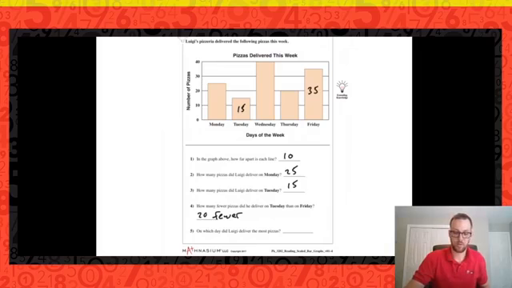And on which day were the most pizzas delivered? So are we looking for the tallest or the shortest bar? We're talking about number of pizzas delivered. We're looking for the most. So do we want the tallest or the lowest?